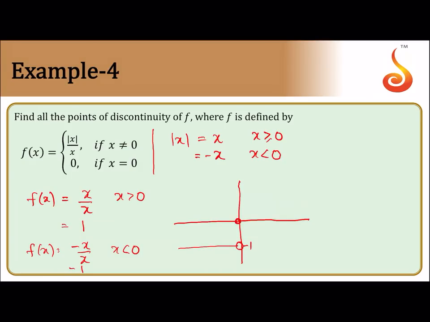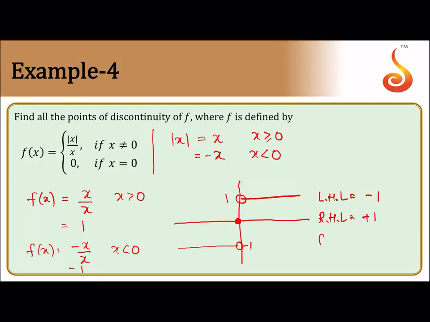I draw the graph also. It is also called the Signum function. This is minus 1. I'll put a circle because at 0 it is 0, dot, again 1. This is 1 and this is minus 1. So the function is discontinuous at x equal to 0, as shown graphically also.